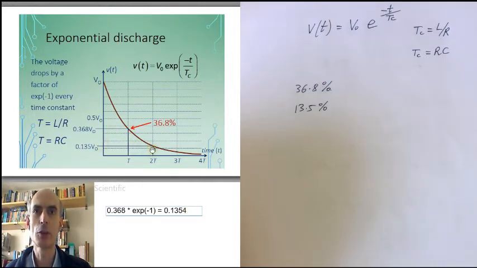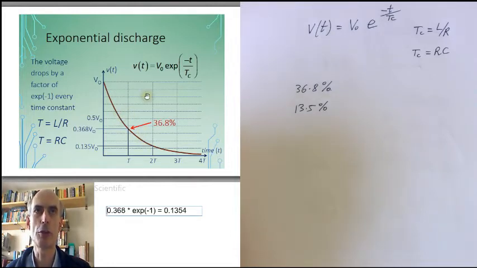It's still going down to there. It's a characteristic of this shape of the graph. It doesn't matter where you start. After one time constant, you will have dropped to 36.8% of wherever you started. So any two times, which are one time constant apart, will give voltages such that the latter voltage is 36.8% of the former voltage.